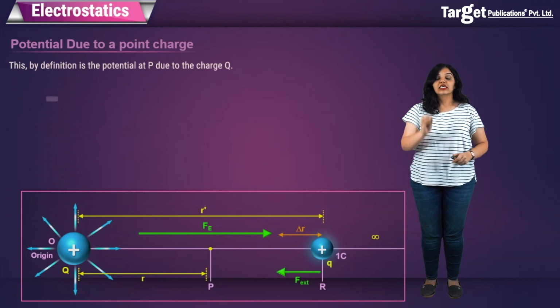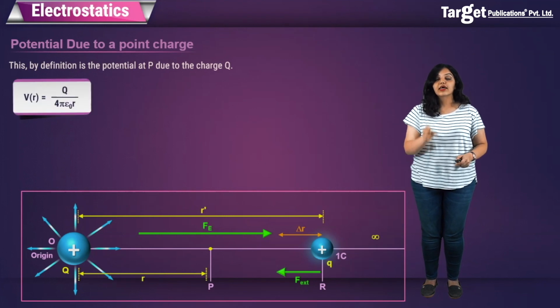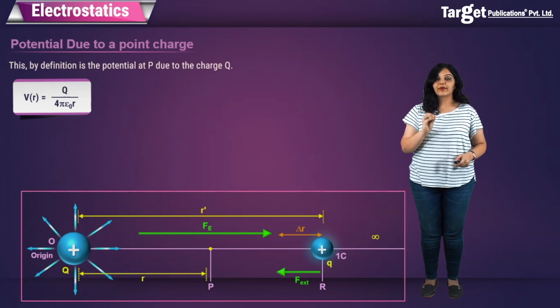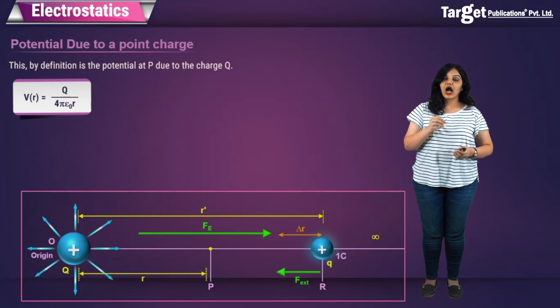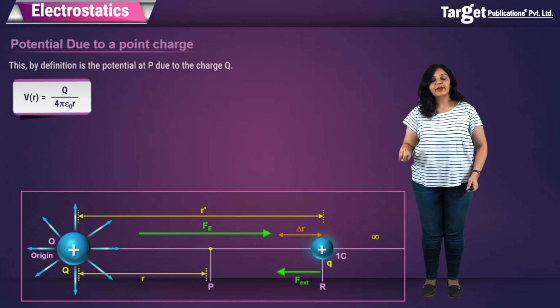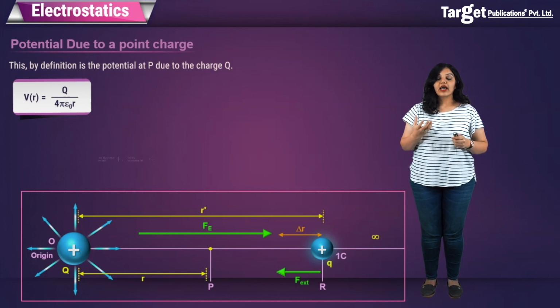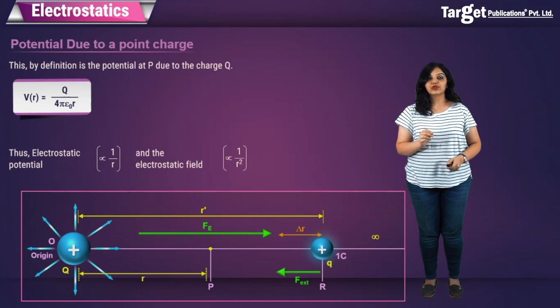I have found the potential at some point P due to the point charge capital Q, which will be given by capital Q upon 4 pi epsilon naught R, where R is the distance of the point P from the point charge. So I have found the expression for the potential due to a point charge.